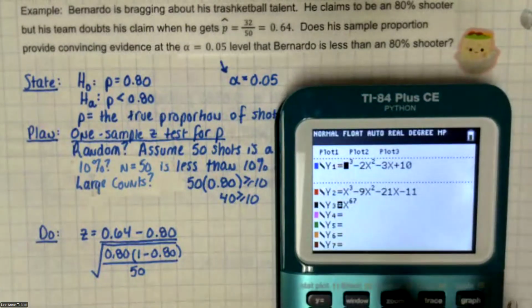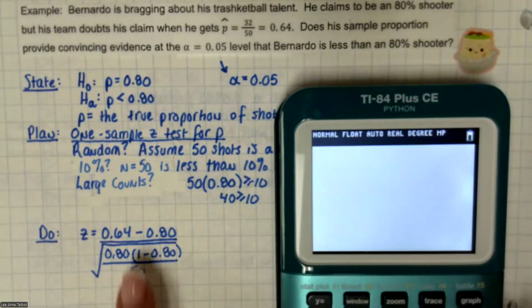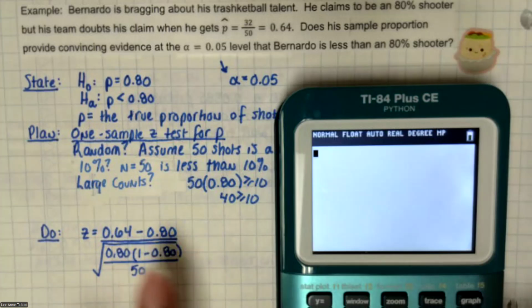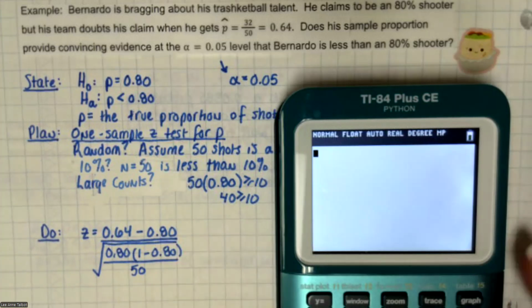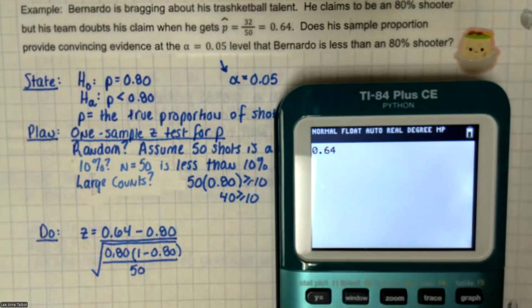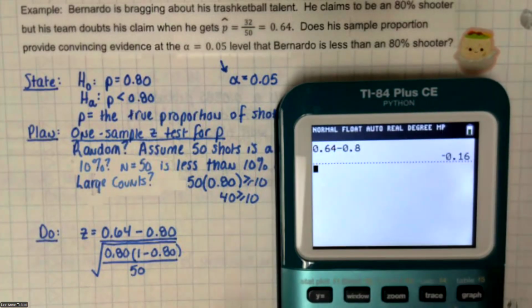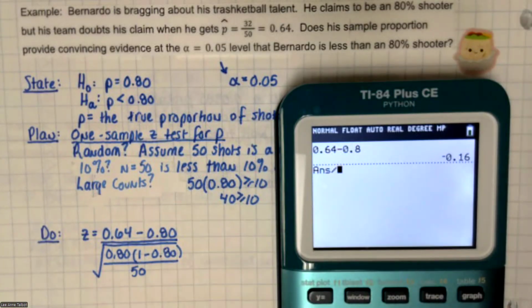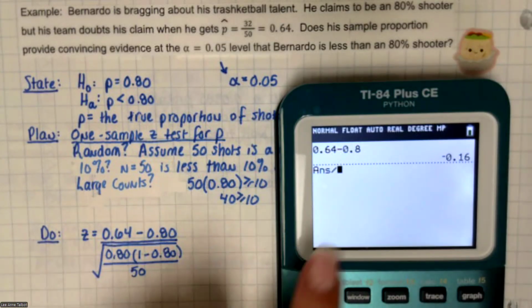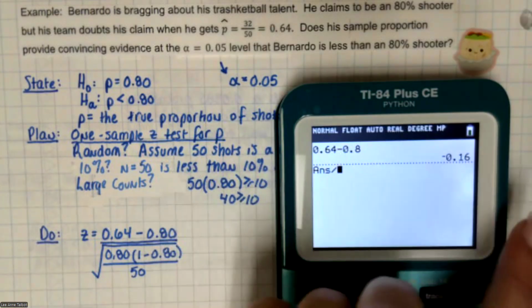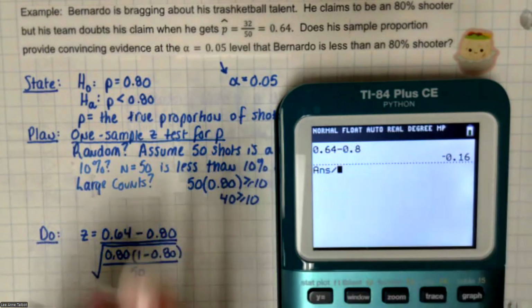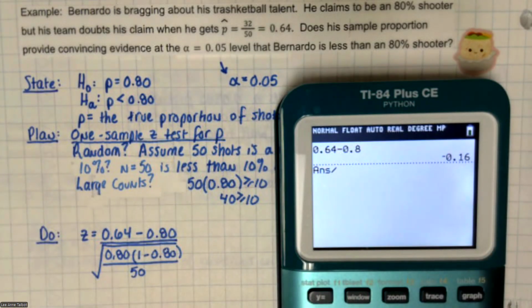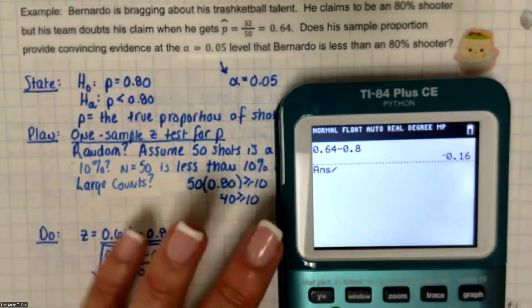If you're going to type this in one swoop, you need to put parentheses around the top. What I would do is just do this in two swoops. I would do 0.64 minus 0.8, enter, and then divided by this. Because if you do this divided by this, it's just going to divide the 0.8, not the whole thing. So I would do an enter in the middle, personally.